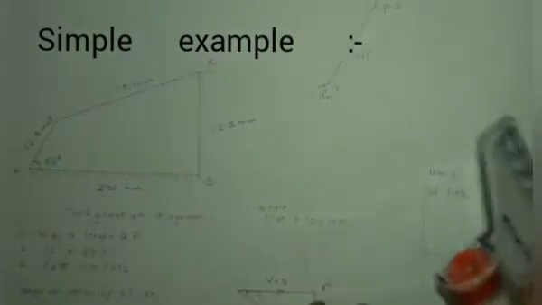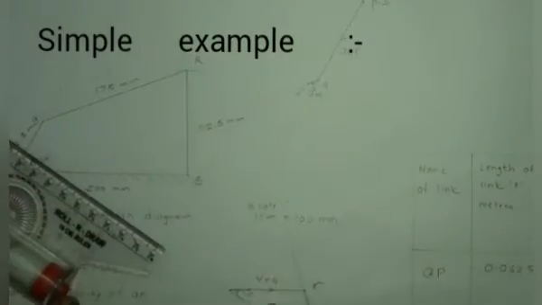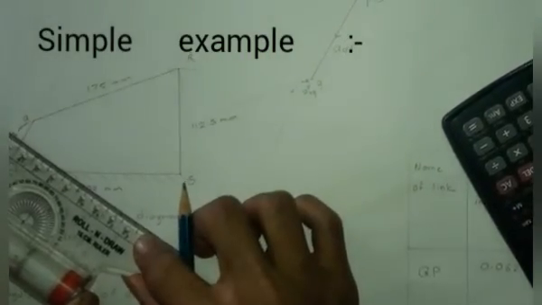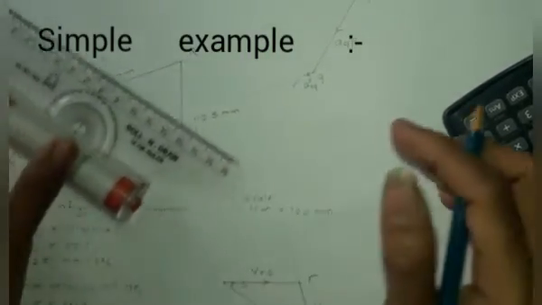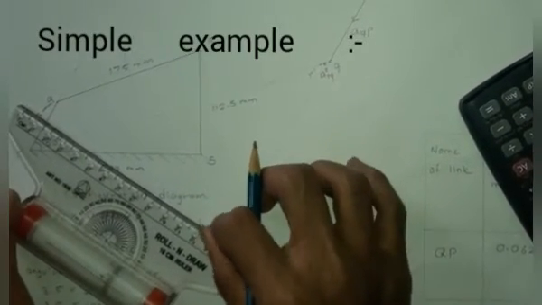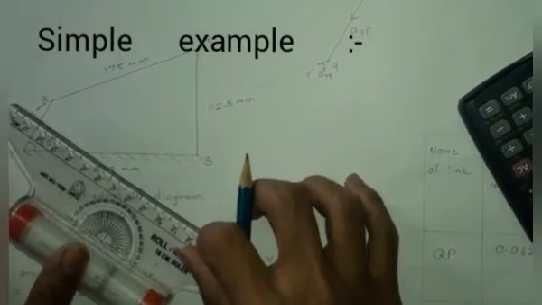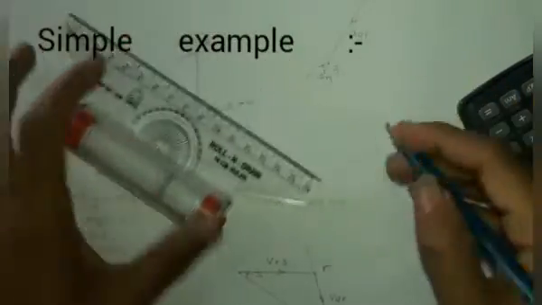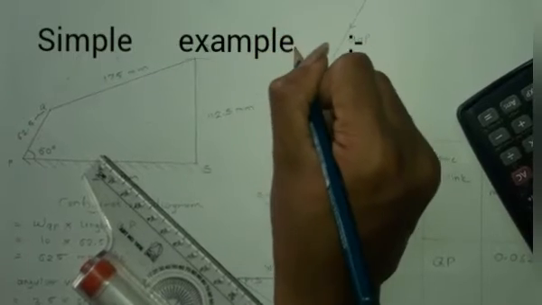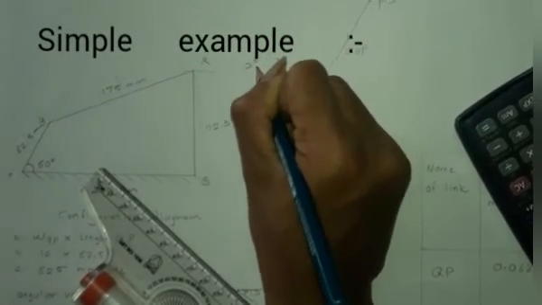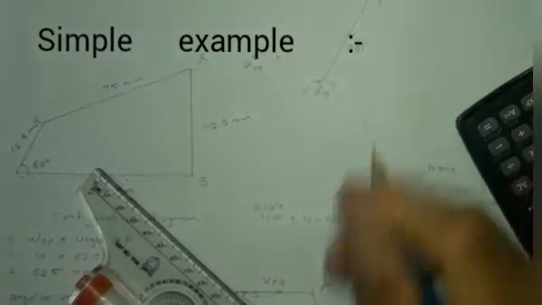So now we draw a perpendicular to link QR, because we have to draw the tangential component for RQ. So here it will give tangential acceleration for link RQ.